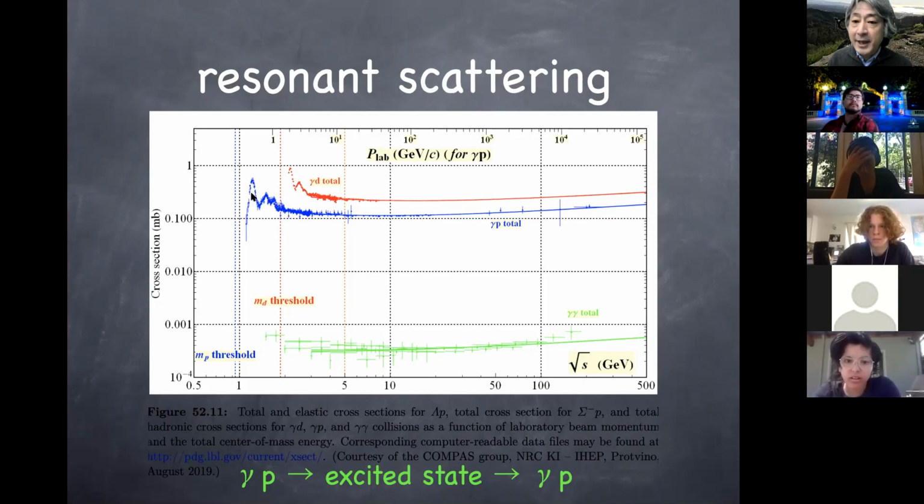So it gets excited to a state called the capital Delta. But that Delta state is so short-lived, at the level of 10 to the minus 23rd second. The inverse of the lifetime is a big number. And so what you're seeing is the width of that state in the scattering cross section.